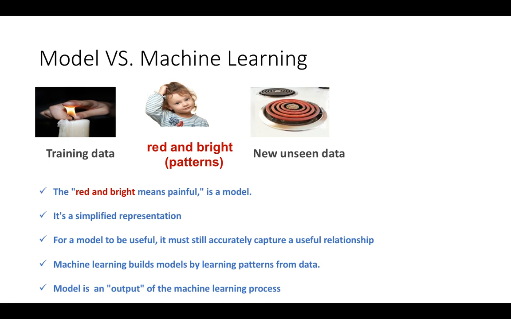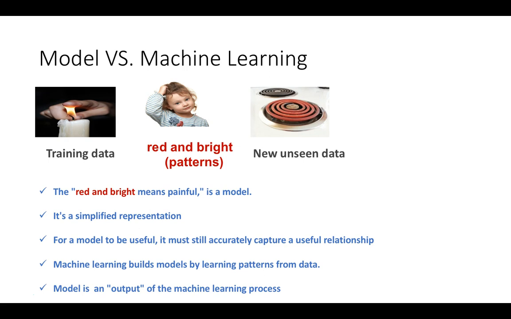It's a very simplified representation. It did not have any complexities. The kid is very small. She doesn't know thermodynamics, she doesn't know combustion, she doesn't know nerve endings and neuroscience. Still, based on the experience, she got a simplified representation of what red and bright means, and she has used that to protect herself in the future.